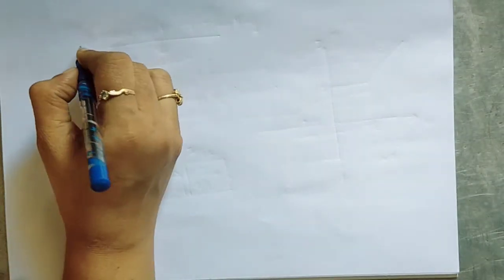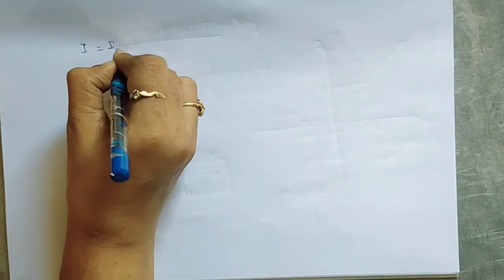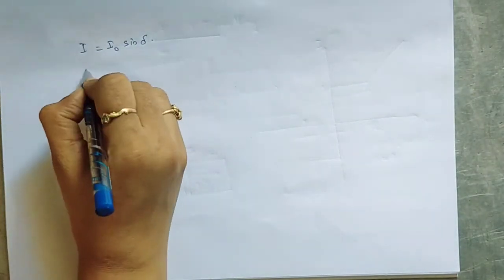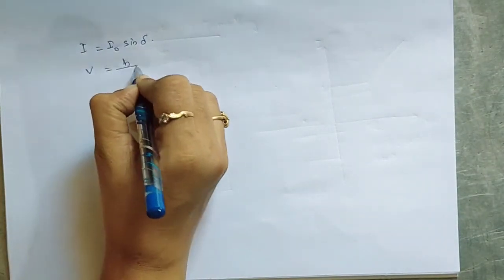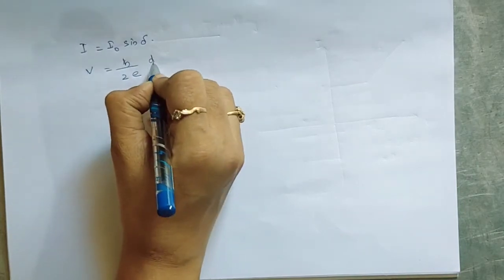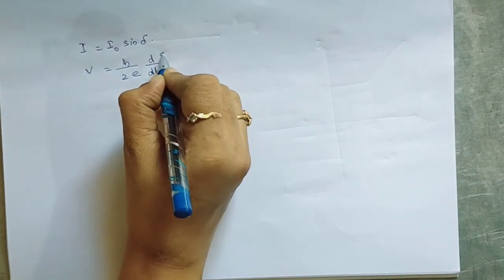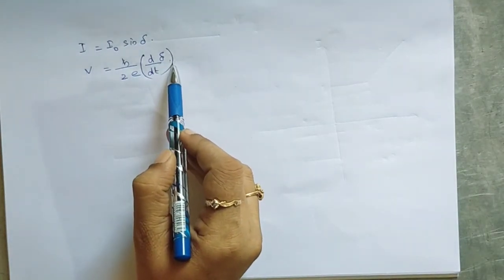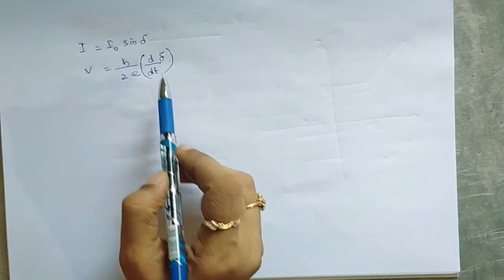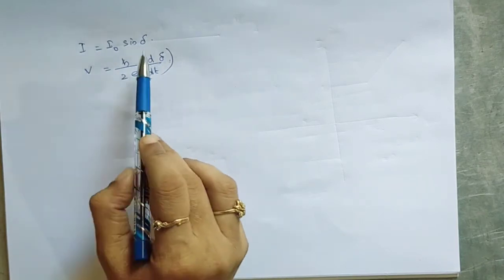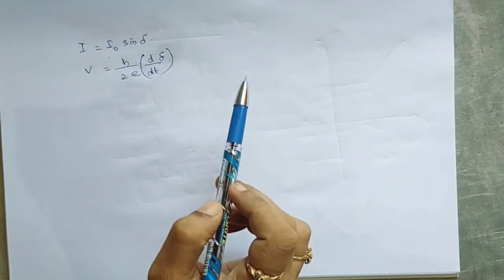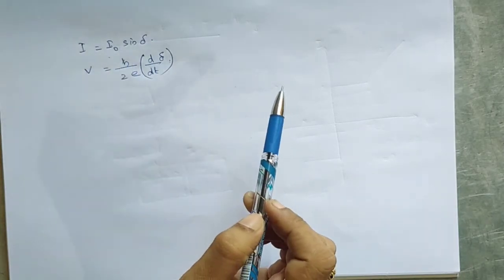And that current I is equal to I0 sine delta, and the voltage V is equal to h-cut divided by 2e, d by dt of delta. What is delta? Delta is the phase difference across the junction, the wave function phase difference. And I0 is the junction critical current.